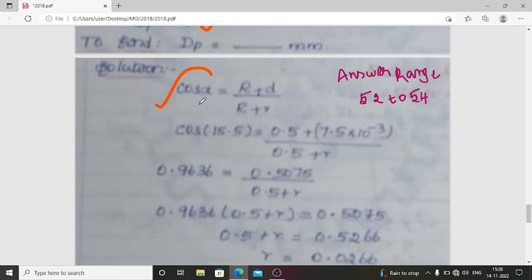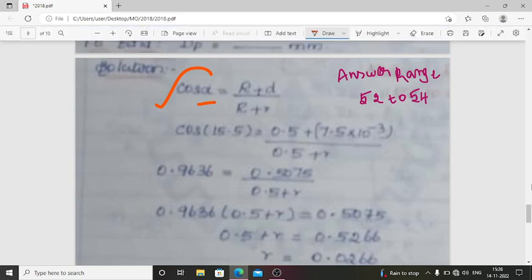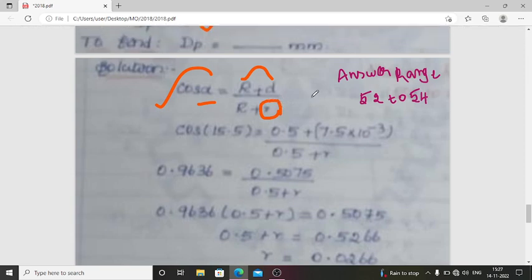Here alpha is the angle of nip. This is the roll radius, capital R. Here we are going to calculate the radius of the particle first, since we want the diameter of the particle, dp.